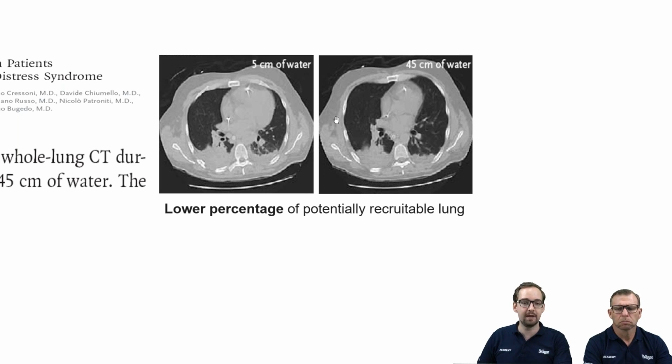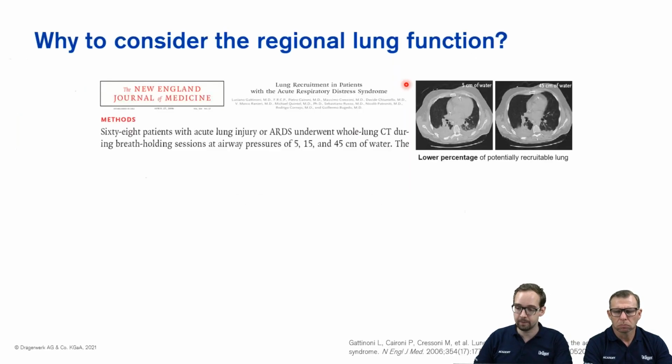And if you compare left and right, you actually see that we are not opening up this consolidated tissue. I mean, you see maybe a minor improvement, but more or less the pictures and the amount of collapse are still very similar. However, what we see when we look at the heart is that the heart is significantly compressed. So something we already talked about and something to clearly look out for.